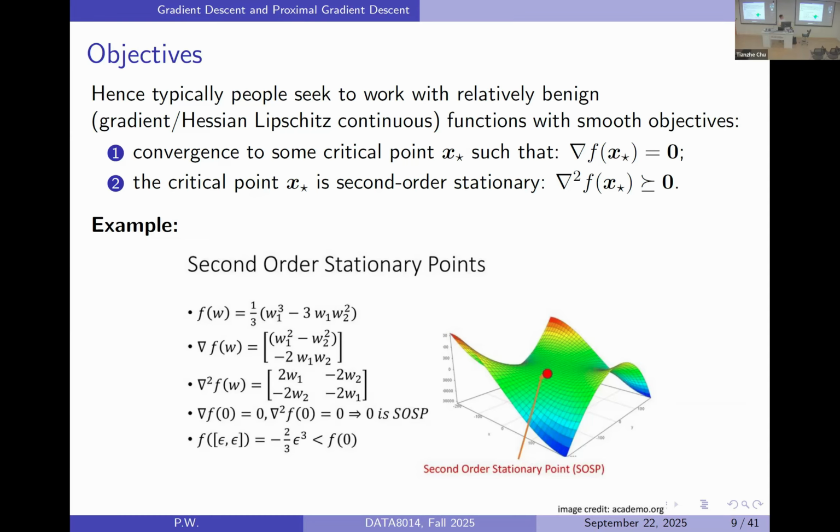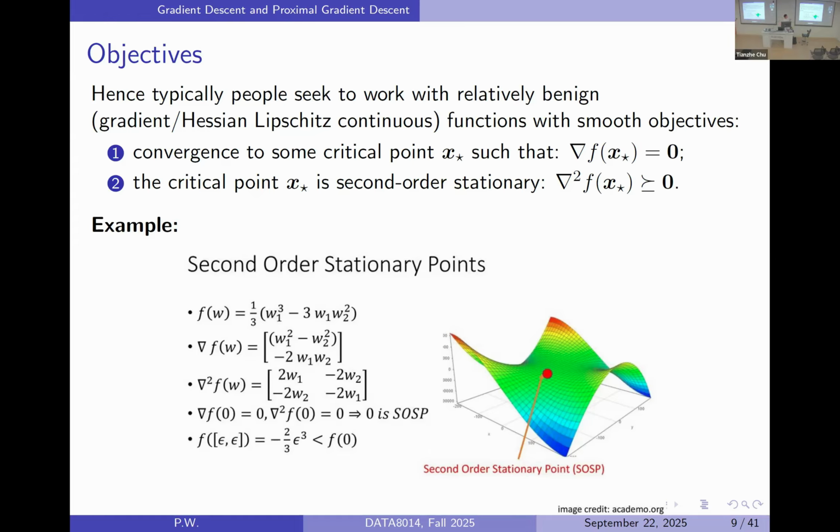In general, we want to run some algorithm and then try to find a point that is a critical point. The definition is very simple. We say a point x star is a critical point if the gradient at this point is 0.